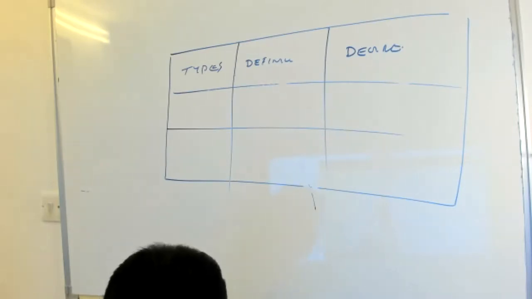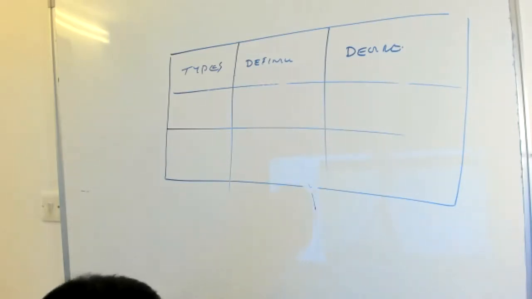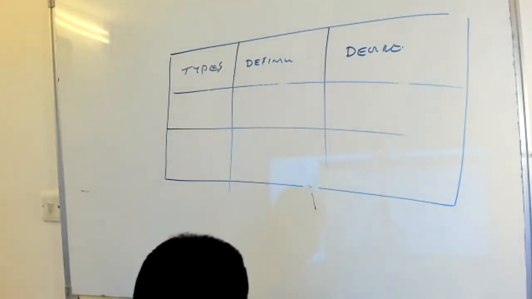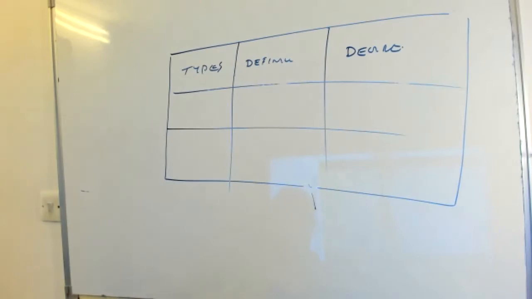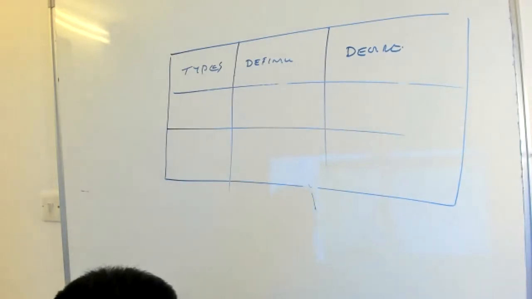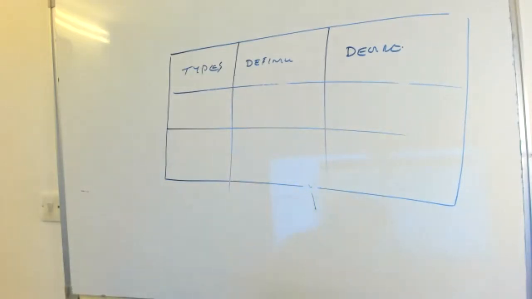A polynomial of the form ax square plus bx plus c, where a, b, c are real numbers and a not equal to 0. Okay, degree what? Degree 2.